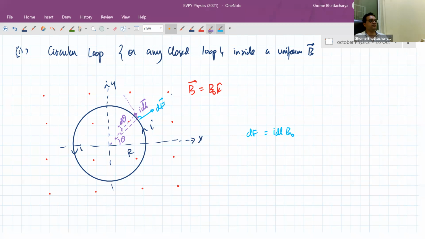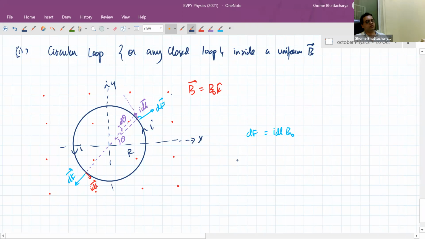Now you see that for every current element like this, at the diametrically opposite point, there is another current element. For this one, what will be the direction of IDL cross B? It will again be radially outwards. You can see that IDL is pointing like this. So diametrically opposite current elements will experience equal and opposite force.